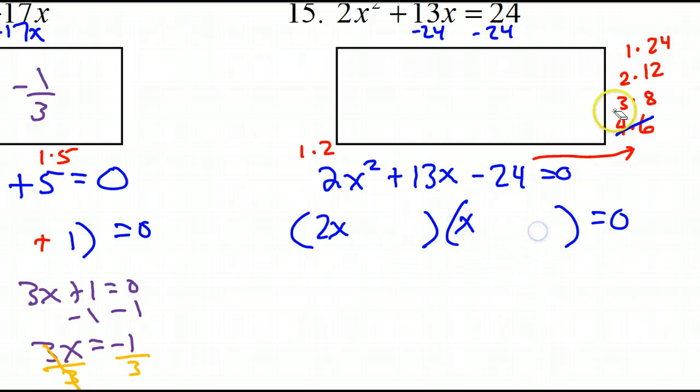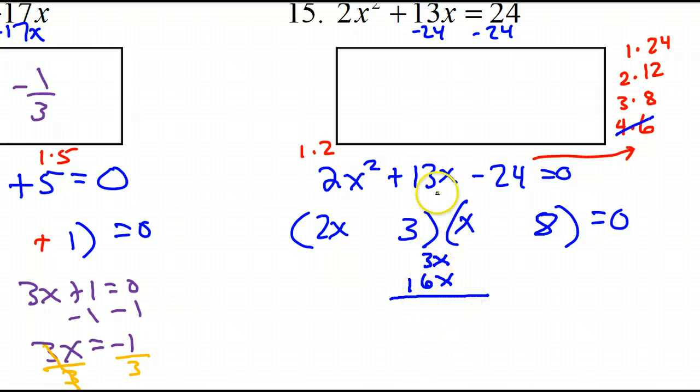So I'm going to move up my list and look at 3 times 8. I'll have to be careful to put my 3 here and my 8 here. If I did 8 times 3, then the 8 would again cause a common factor. So let's keep going. Inner, I've got 3x. Outer, I've got 16x. I'm trying to get positive 13x.